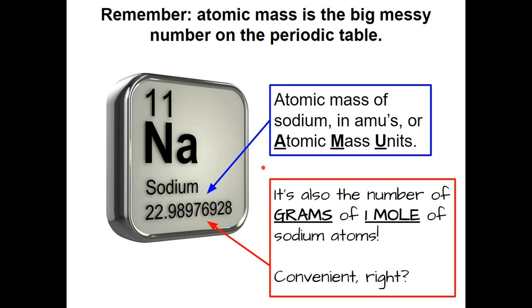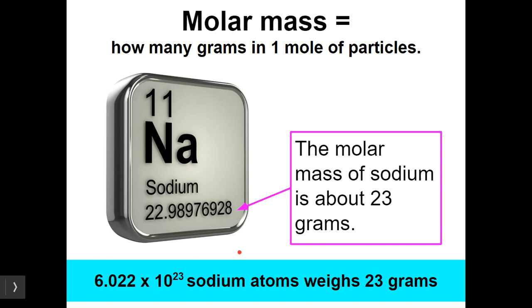But it is also the number of grams in 1 mole of sodium atoms. So that's convenient, right? So if we just have a mole of sodium atoms, this is how many grams it is. Okay, soak that in. So molar mass then is defined as how many grams are in 1 mole of whatever particle that is.